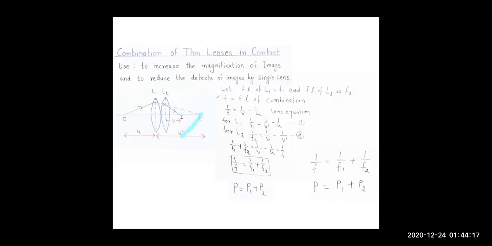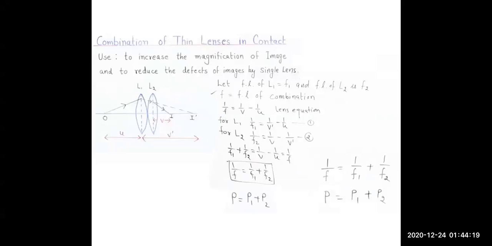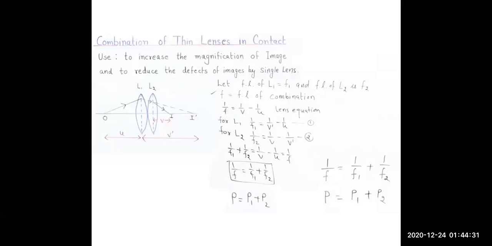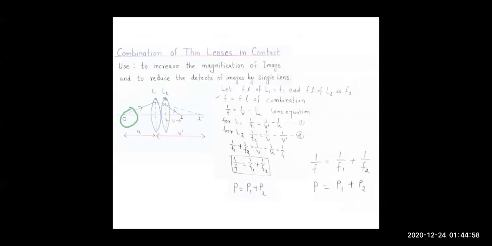Right beta? So here you can see that we are having two convex lenses, L1 and L2. They are placed in contact with each other. So children, here O is the object, and suppose lens 2 is not there, then the object O's image will be formed at I1.